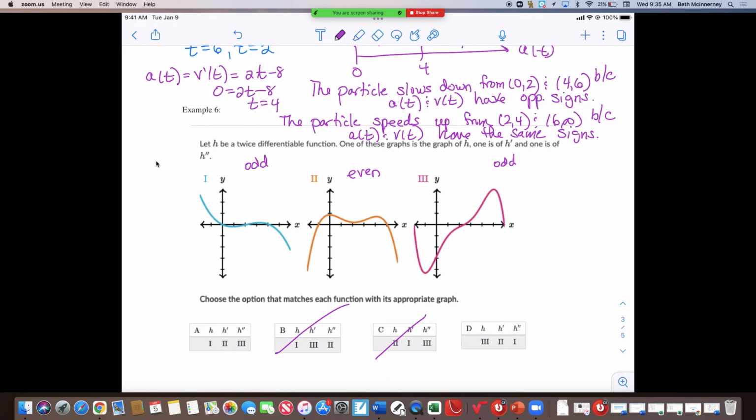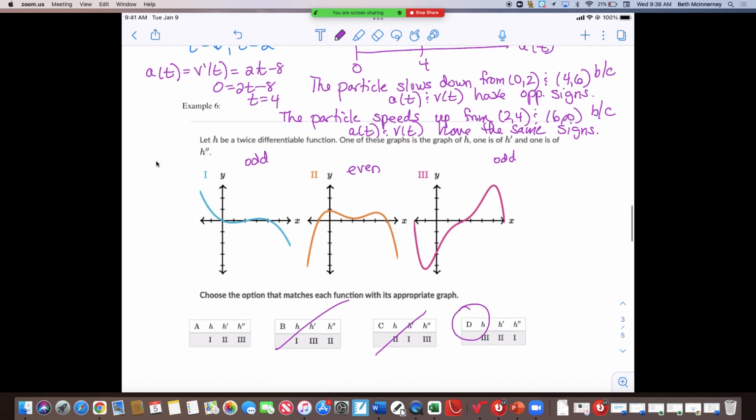So then let's go here and say, okay, well then, is this one a derivative of this one? And let's see. Do you see this is increasing till it hits 0. Then it decreases. Then it's increasing. Then it's decreasing. Oh, that's pretty cool. So it's letter choice D.